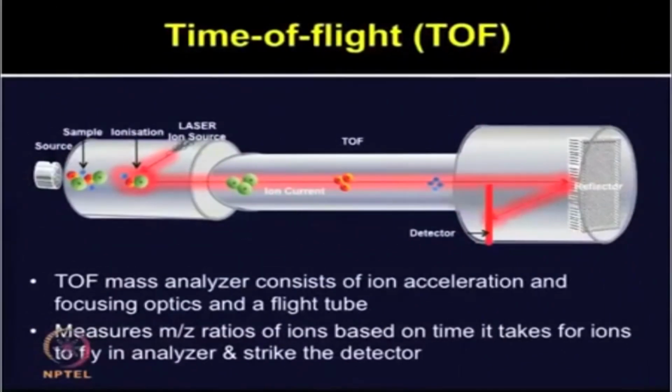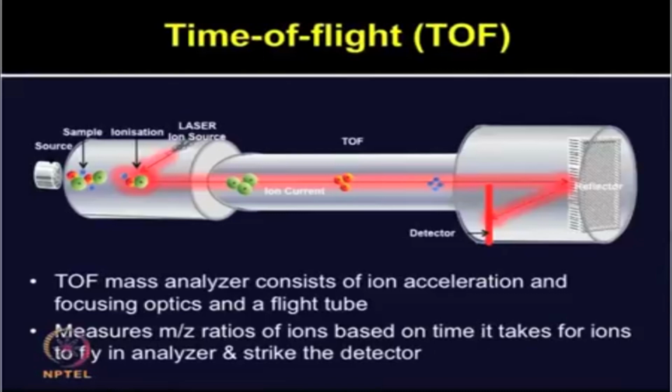So, the TOF mass analyzers consist of ion acceleration and focusing optics and a flight tube. As shown in the slide, you have a source, where the sample ionization occurs due to the laser beam bombardment. Then ions move in the time of flight tube towards the detector. Often we can also add a reflector, an ion mirror, which can increase the path length.